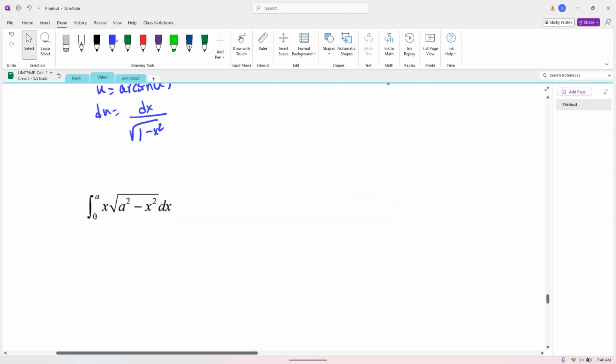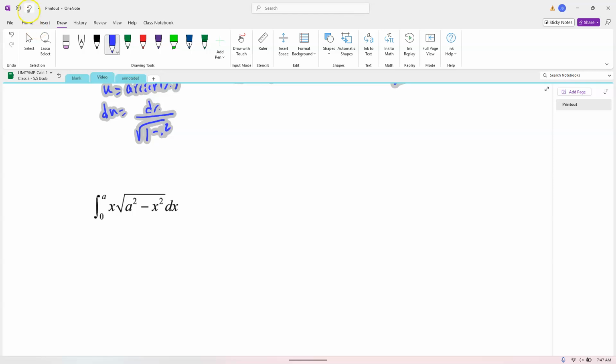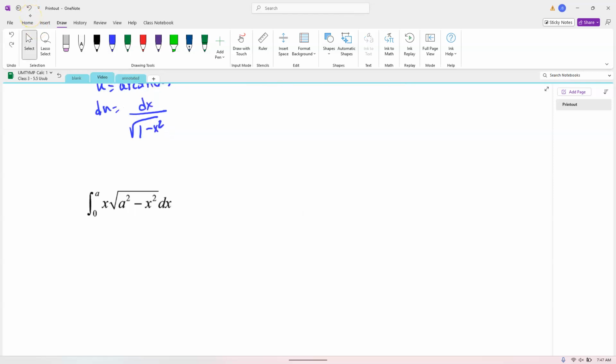Okay, last example here. You're looking at it like, okay, pretty sure last time we did a square root, it was the thing underneath, so it's probably going to be the thing underneath here again. So let's try it. Okay, so let's try u as a squared minus x squared. Okay, that'll work out fine.